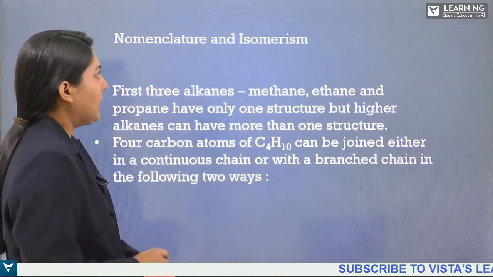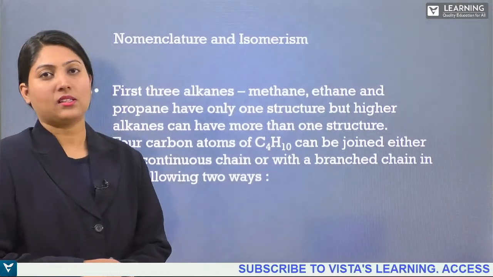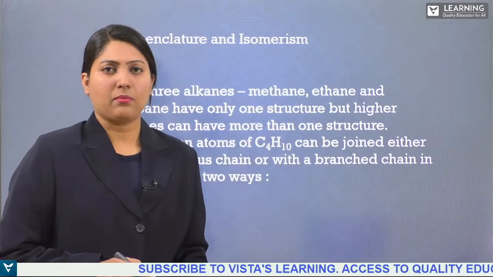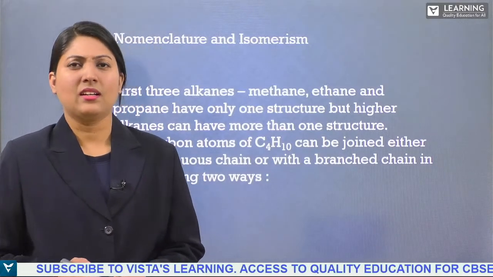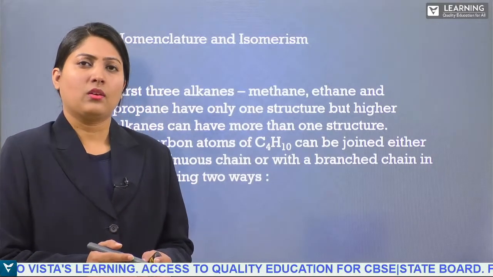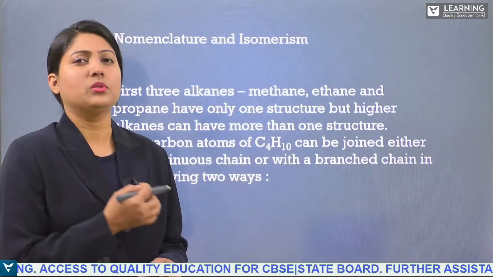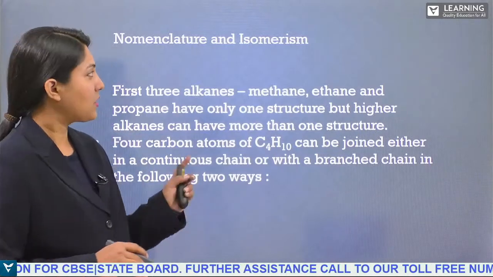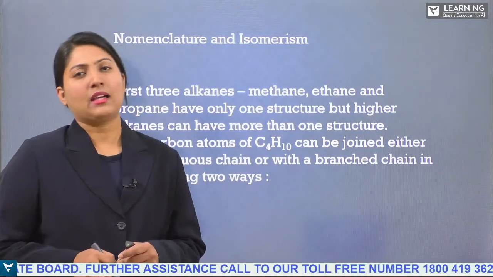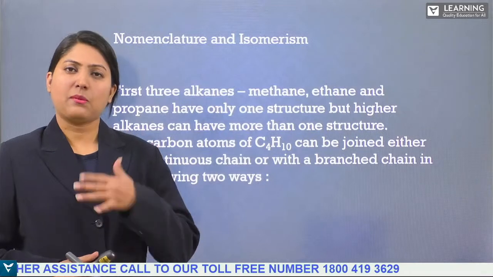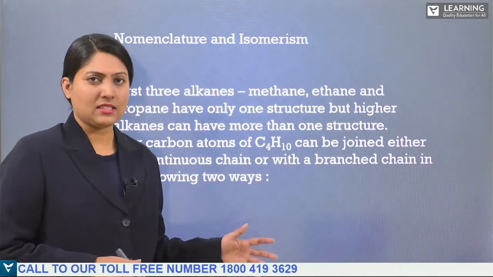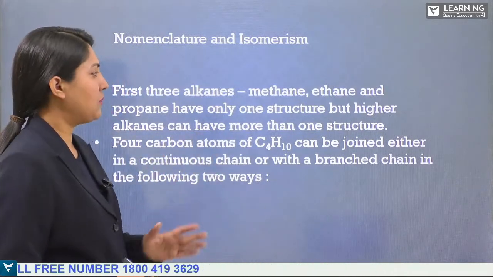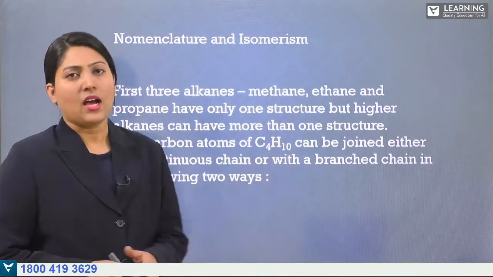Next, coming back to nomenclature. We need to know how to name this. As we said, methane, ethane, propane, we need to know how to name the higher alkanes. And are there any isomers? What do you mean by isomers? Here you have many types of isomers, students, but in alkanes, for your syllabus, we are learning about structural isomers.